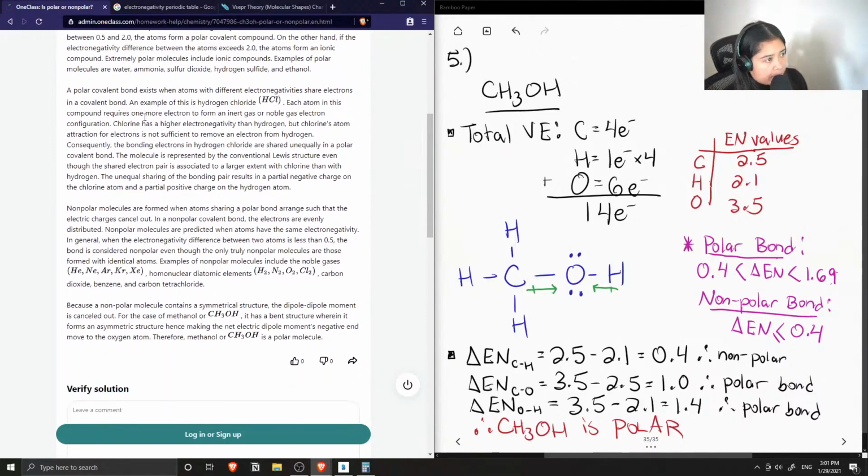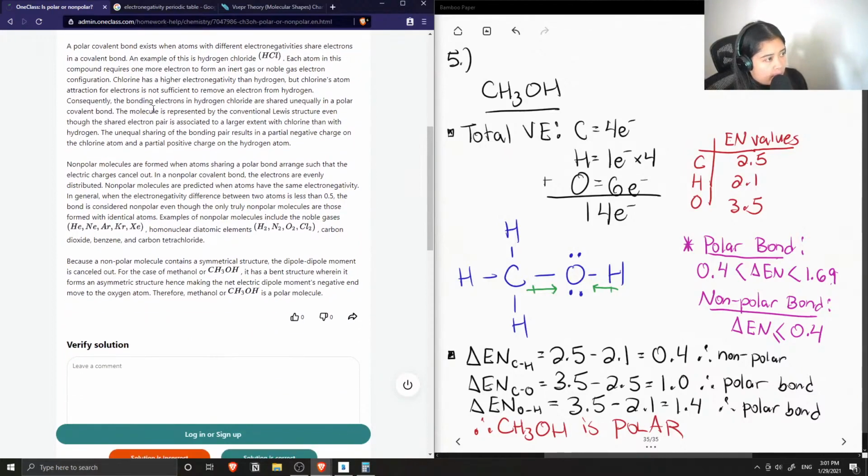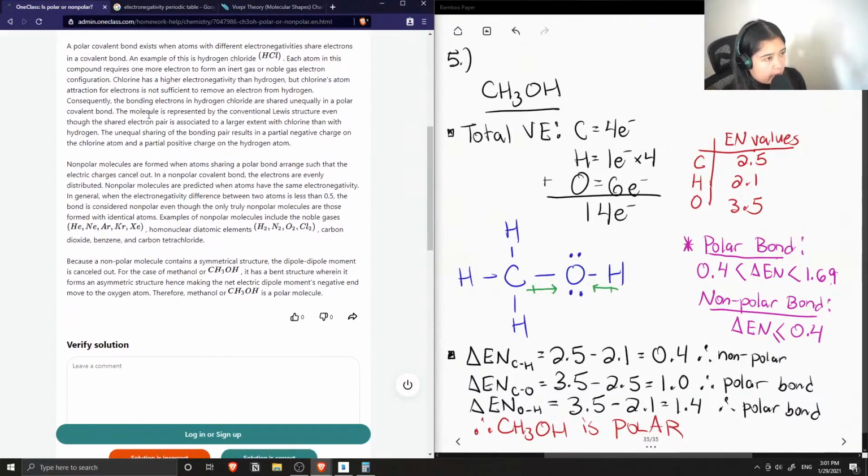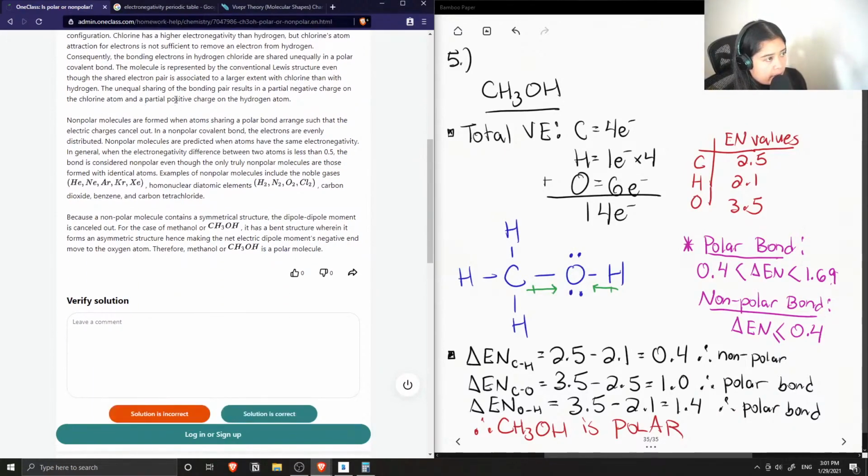They talk about hydrogen chloride, which would be a polar molecule since chlorine is much more electronegative than the hydrogen, and it will lead to unequal sharing of the bonding pair.